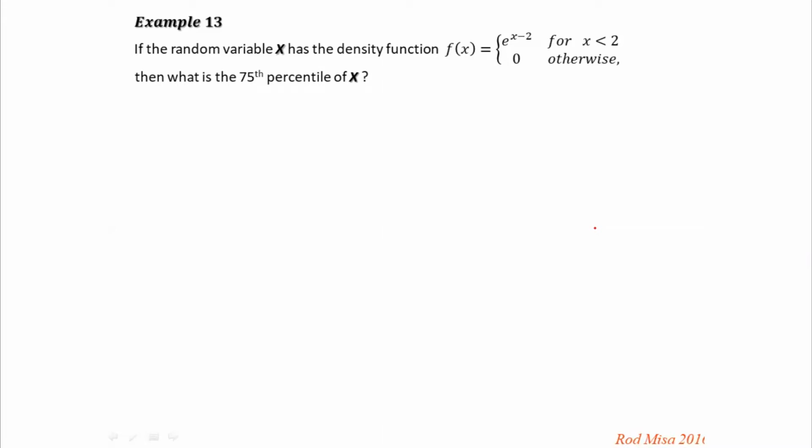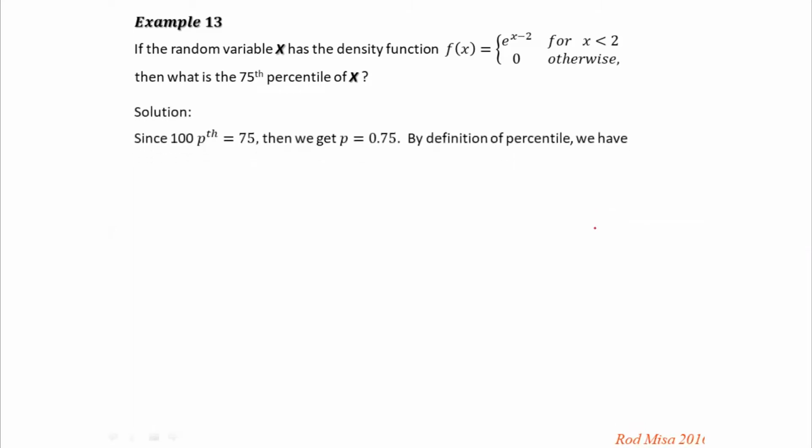Since we know that the 75th percentile is the third quartile, we get p as 0.75 by dividing 75 by 100. By definition of percentile, p is equal to the integral of f of x dx from negative infinity to q.